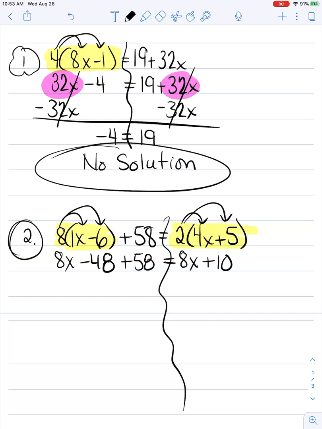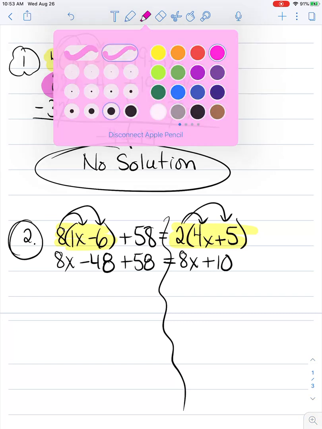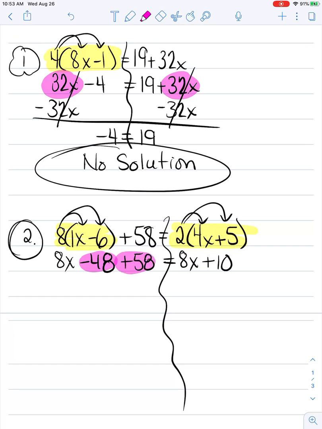Next, I do notice that I have like terms on the left-hand side, so I want to combine those. I get 8x, -48 plus 58 is a positive 10, equals 8x plus 10. Now, guys, I'm okay if you stop here.